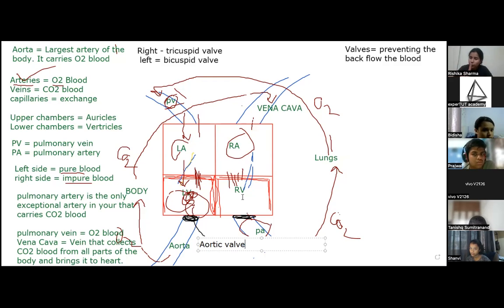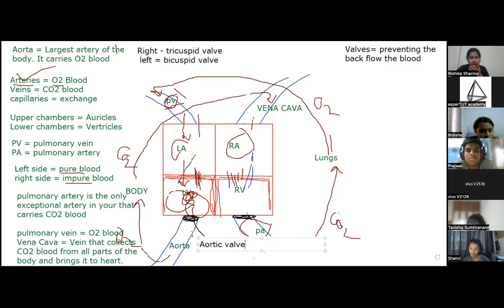Okay, and one more reason is that the deoxygenated blood moves with a lesser pressure. The pressure is comparatively less, which is a very mild difference. There is not a big difference, but at your level, this is the reason, to be more sure that the blood doesn't flow back. Okay, is it okay?